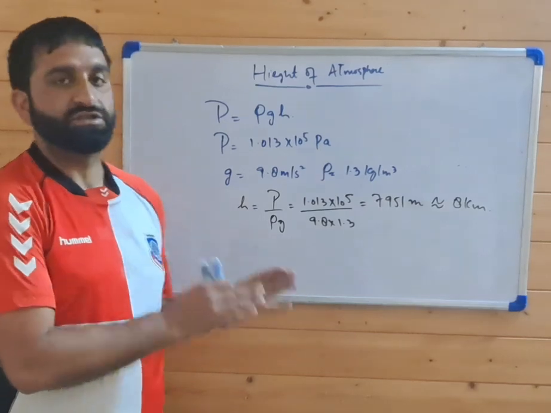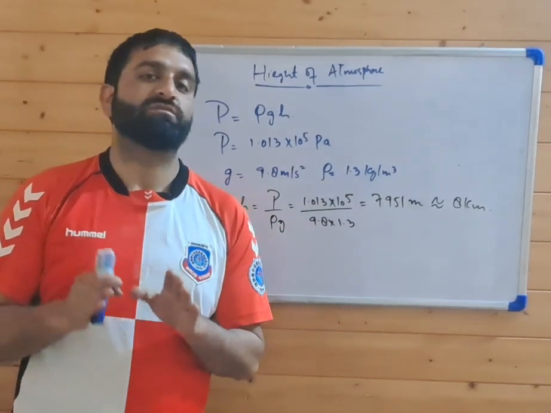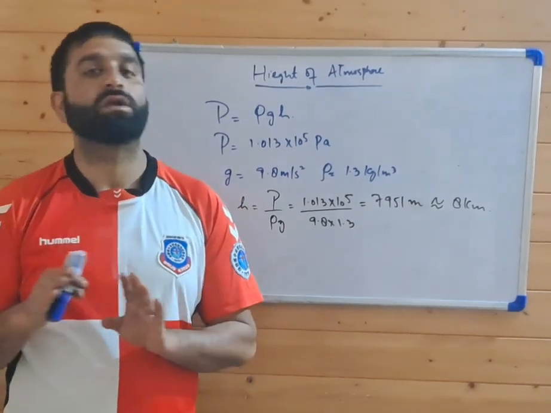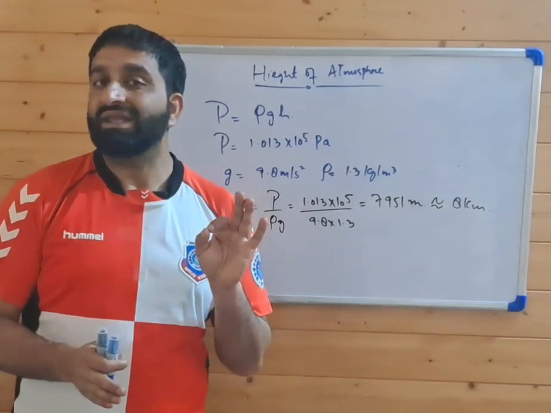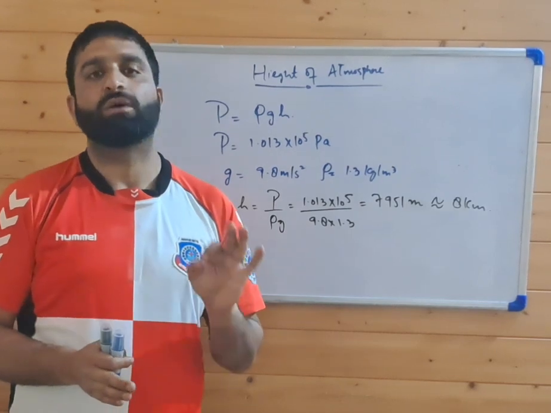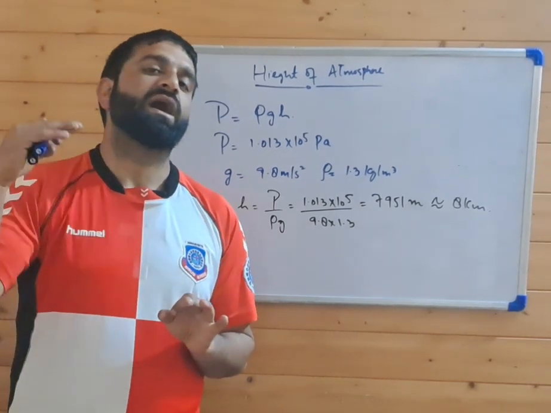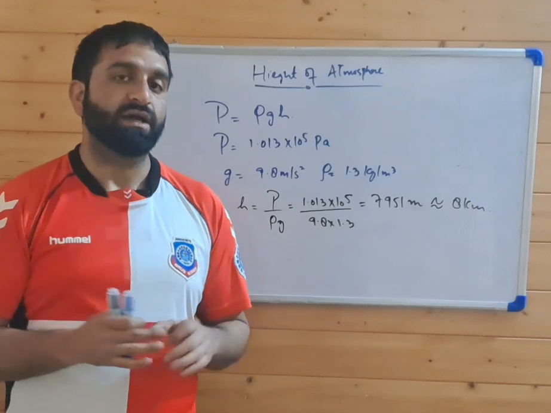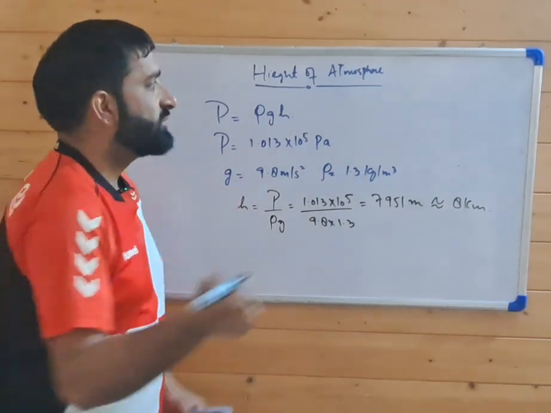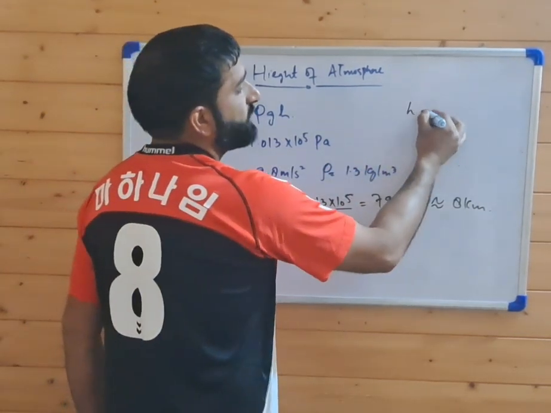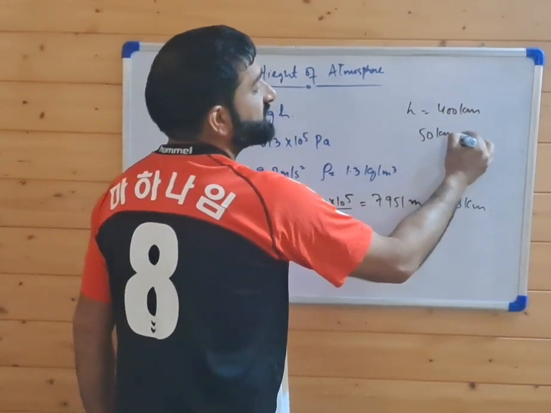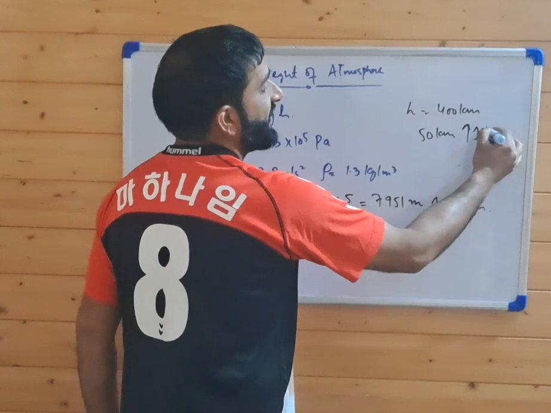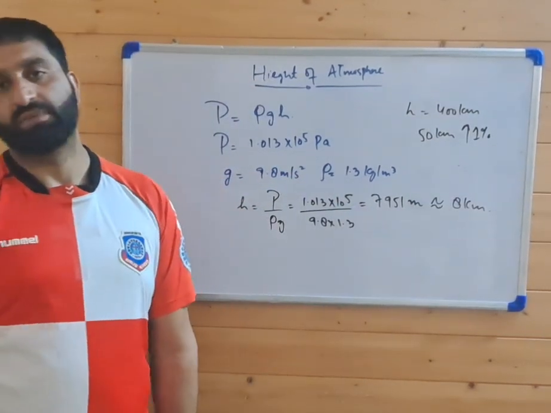But in these calculations we take the density of the atmosphere as constant, which is not constant. When we take the variation of the density with height into consideration, the height of the atmosphere is seen up to 400 kilometers, but above 50 kilometers only 1% of the gases of the atmosphere are present.